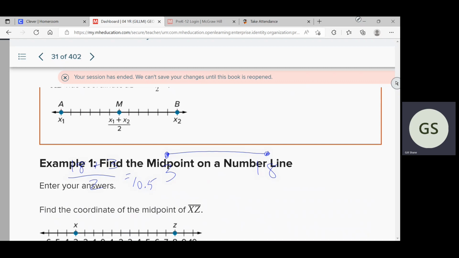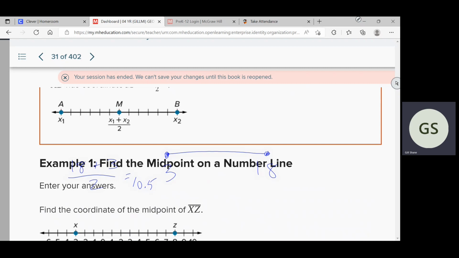It's not like when you have x raised to a second power, so you have that little 2. That's a math operation. This is not. They're just telling you this is referring to the first endpoint, and this is referring to the second endpoint. Otherwise, you wouldn't know which x I was talking about.